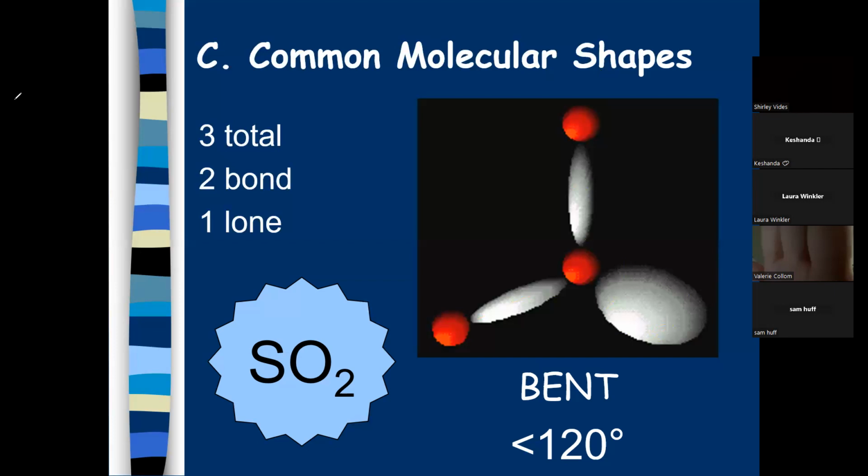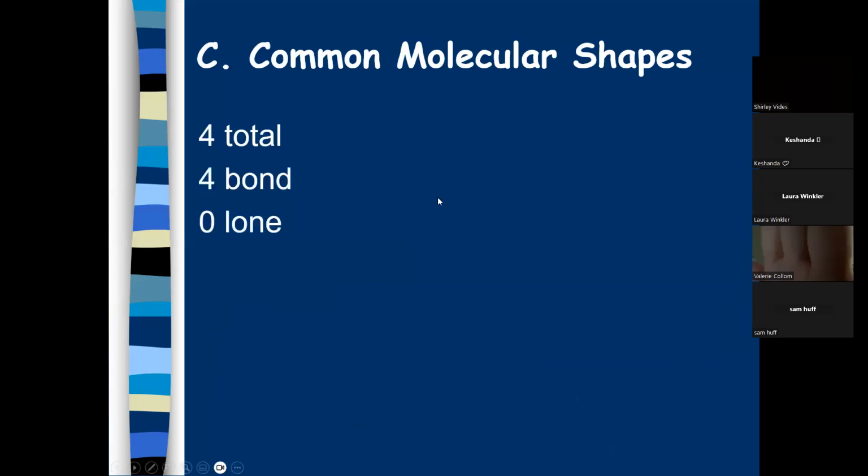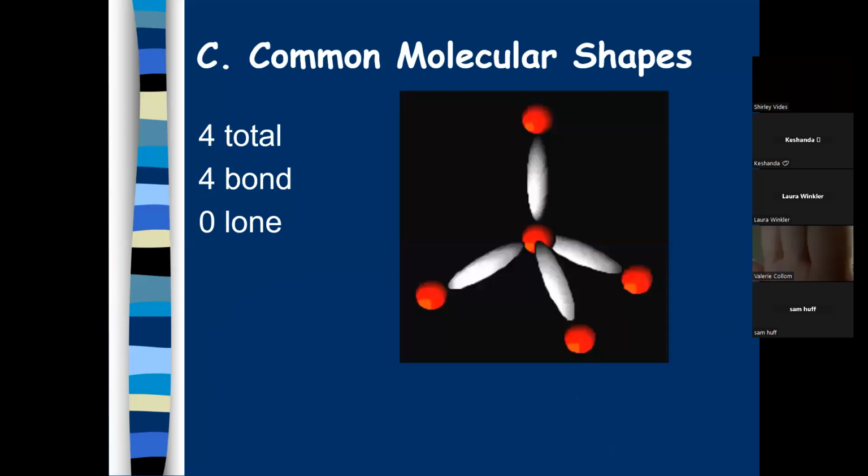All right, next one would be 4. Okay, so this is the other main shape. This is known as a tetrahedron, sorry, not trigonal planar. If you were looking at this, you could see that it has 4 sides. Yeah, it's kind of hard.